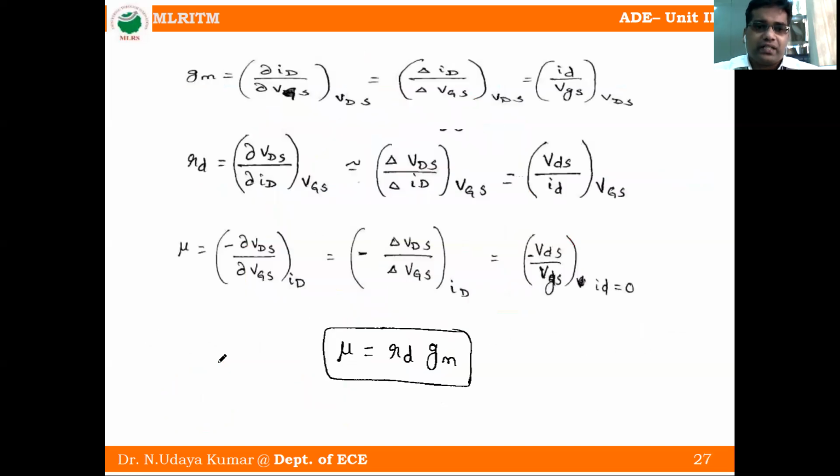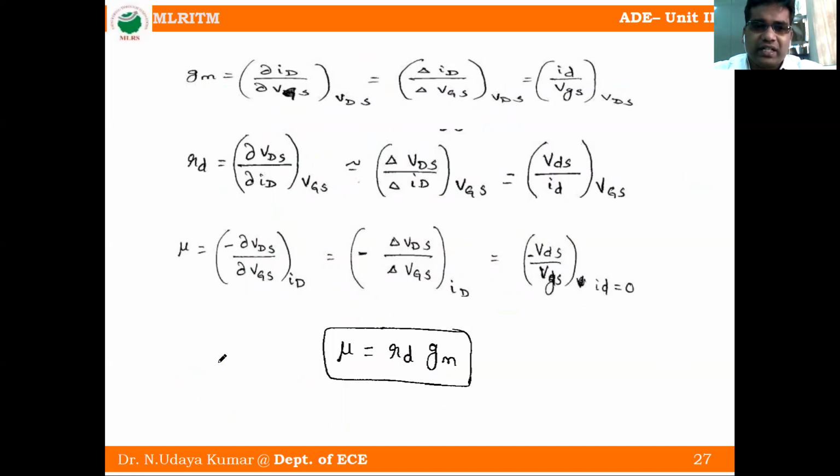So we know that transconductance GM is equal to dou ID by dou VGS at constant VDS. So we have to fix VDS at some constant value and vary the gate to source voltage, and the corresponding ID we will measure.